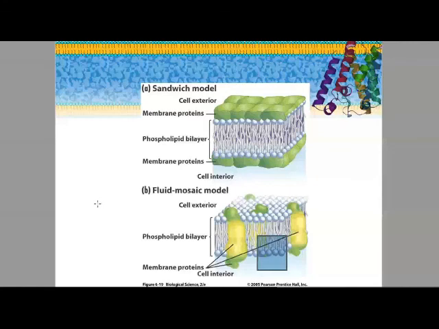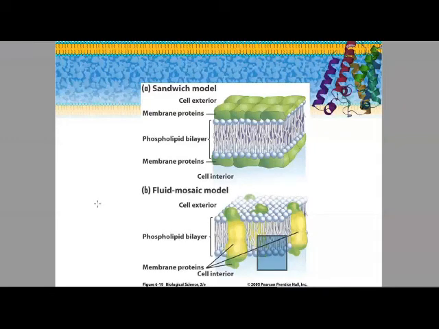There is a channel formed by proteins, and that's the only way these molecules can move across the membrane. So proteins play many roles regarding the function of the plasma membrane, and that's why the fluid mosaic model suggests a more suitable configuration for this function rather than the sandwich model.